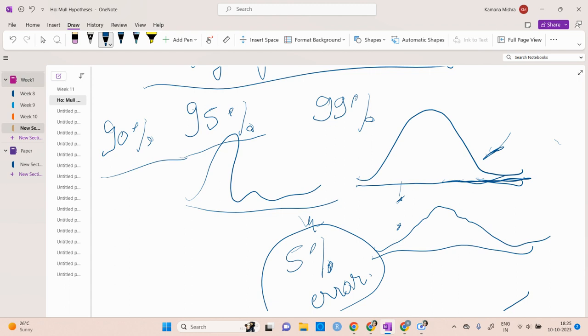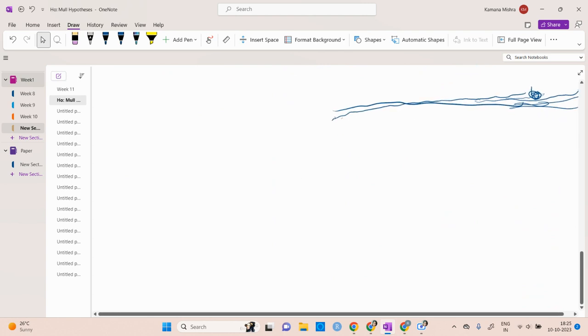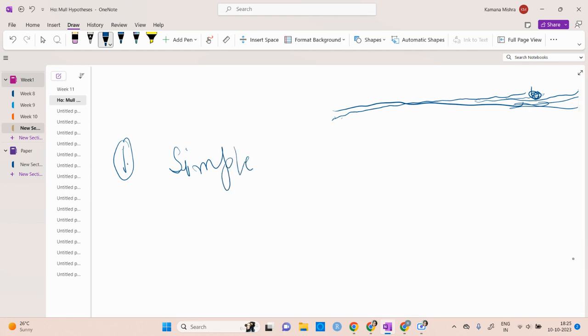Now there can be two types of hypothesis also. The first one is the simple hypothesis, and the next one will be a composite hypothesis.